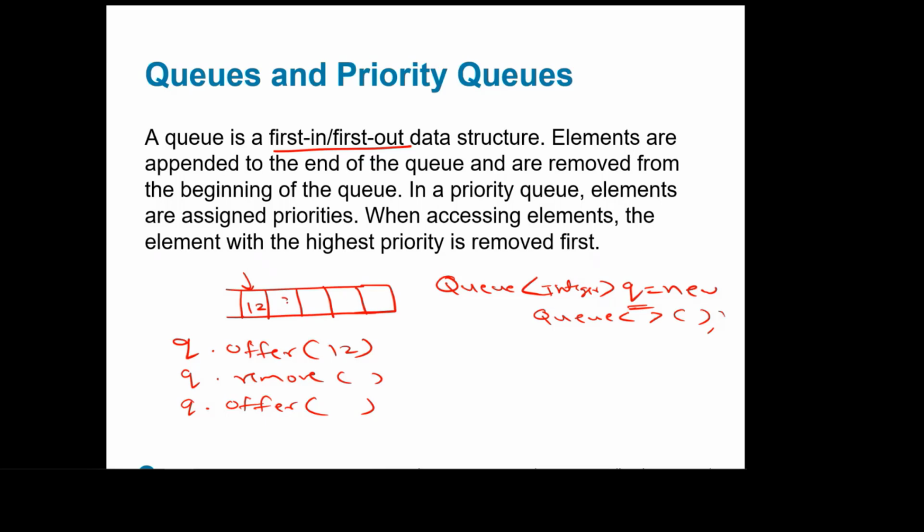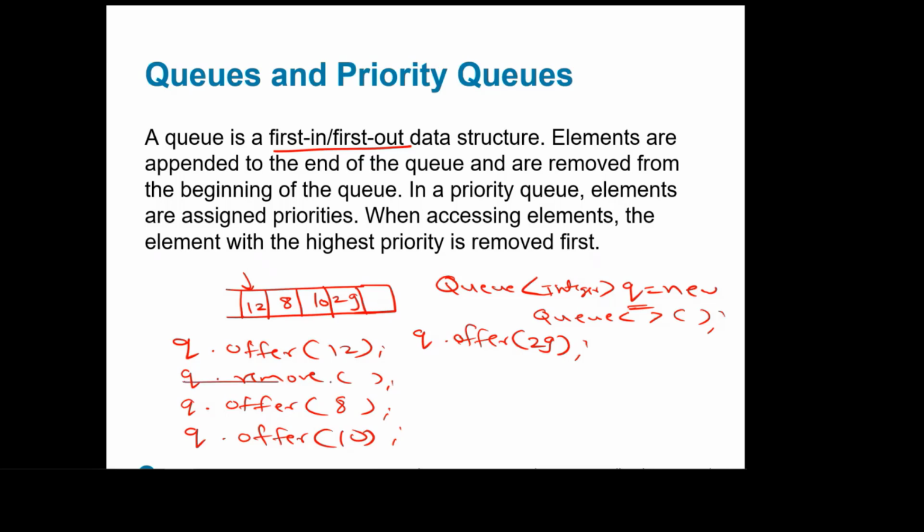And then let's say the next element we inserted is 8. Then let's say queue.offer 10. Then we write programmatically queue.offer 29, so 29 will be the next number.